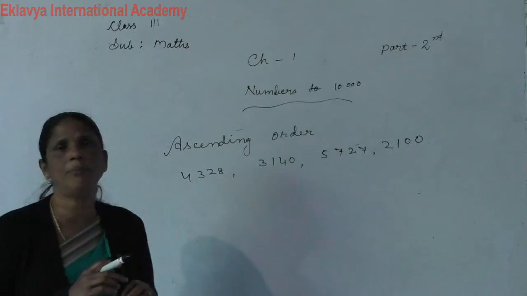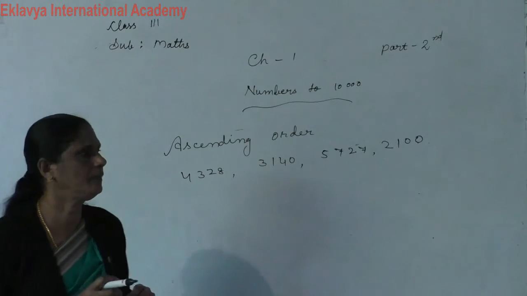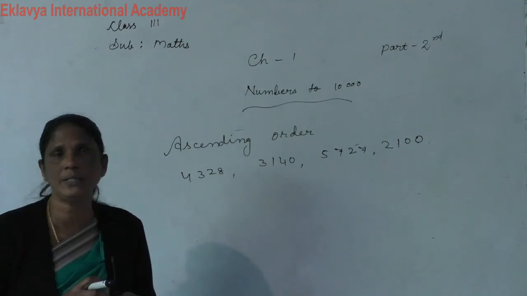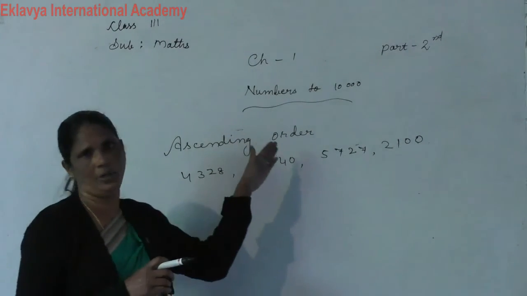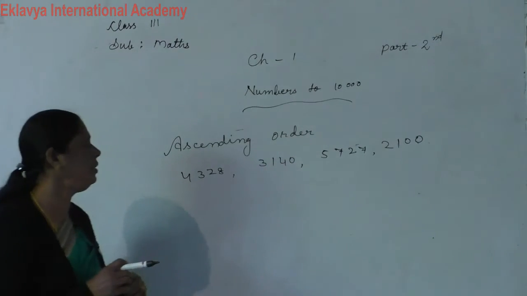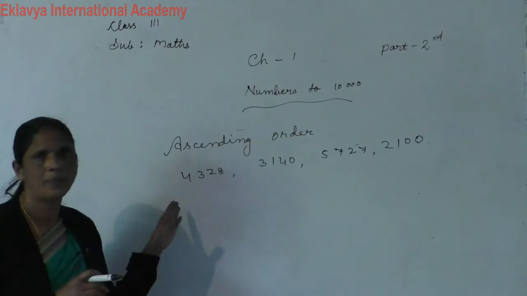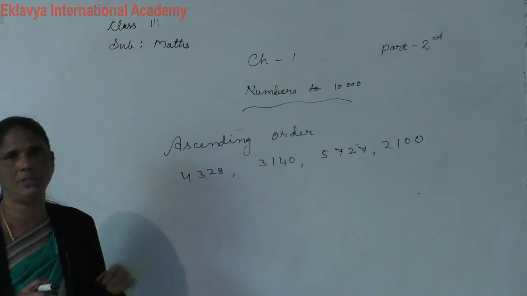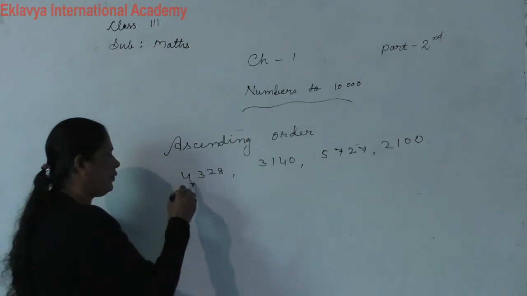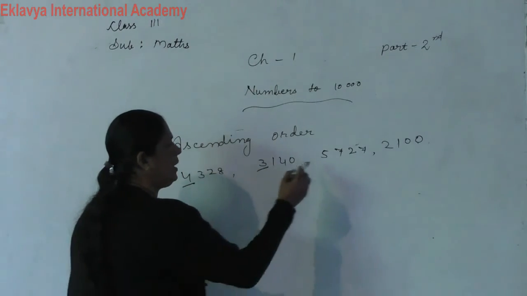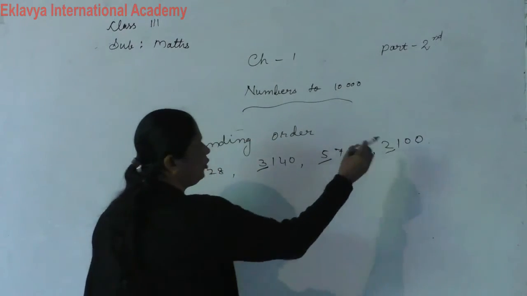Here 4 numbers are given. First you arrange them in ascending order. First you look, are all 4-digit numbers? Yes, all are 4-digit numbers. Here 4, then here 3, here 5, here 2.